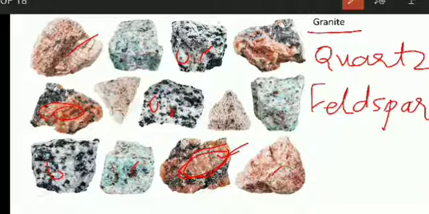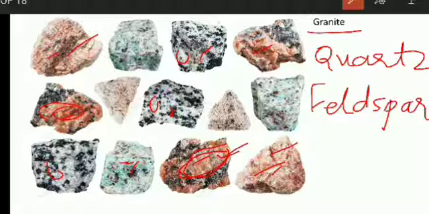How do we identify quartz and feldspar? There are different types of feldspar like plagioclase feldspar, orthoclase feldspar, and microcline. The greenish color, then the pinkish or flesh red color, are all feldspar minerals.